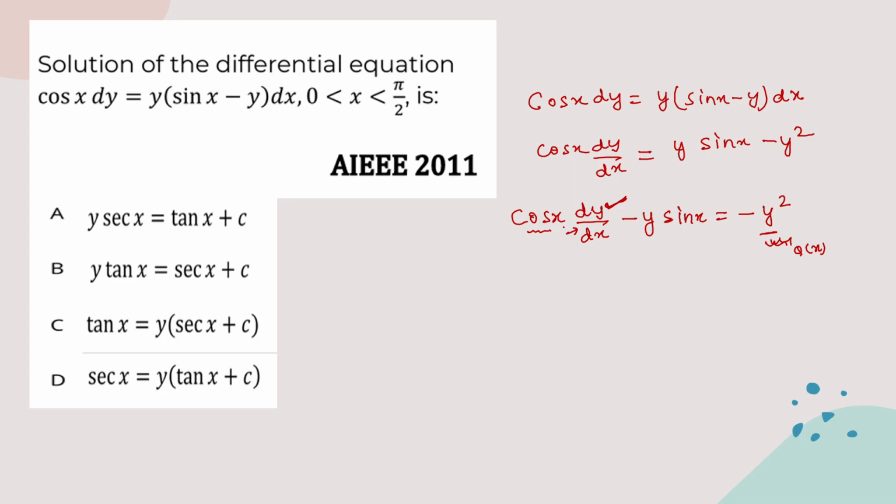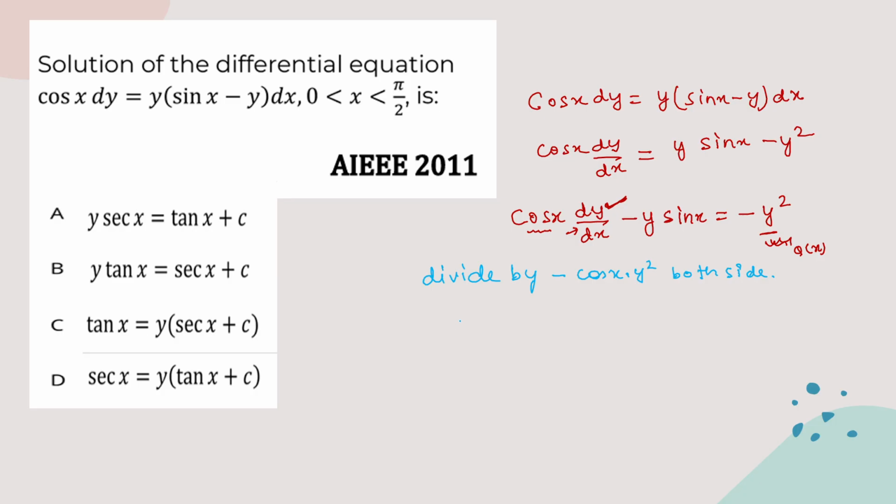So instead of dividing by y square only, we will divide by cos x into y square with a negative sign. That will make our question more easily solvable. So divide by minus cos x into y square on both sides.